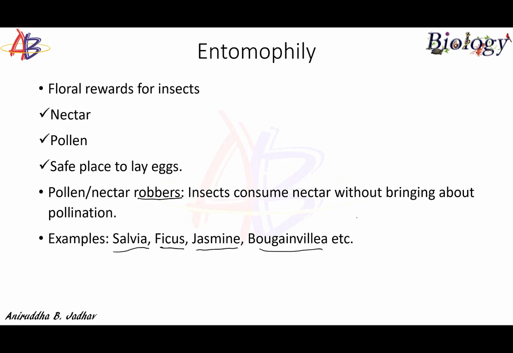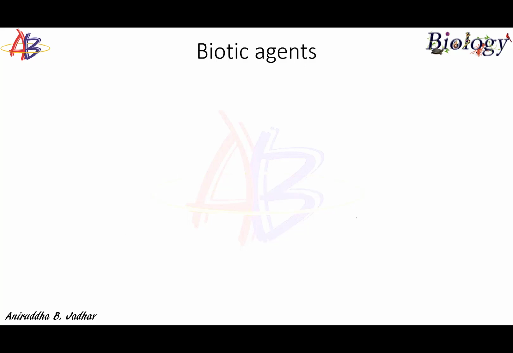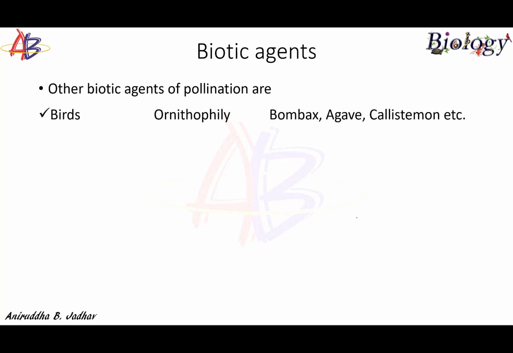All these plants have bright colored flowers, or flowers which produce good fragrance. Other biotic agents of pollination include birds. Whenever birds act as pollinating agents, it is termed as ornithophily, right?